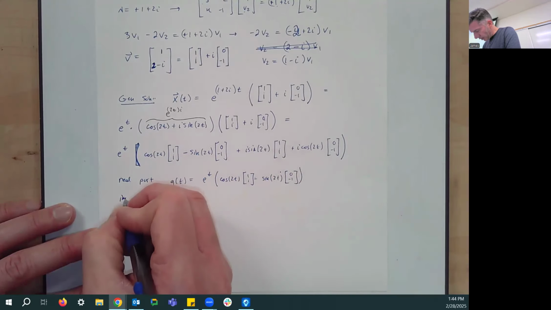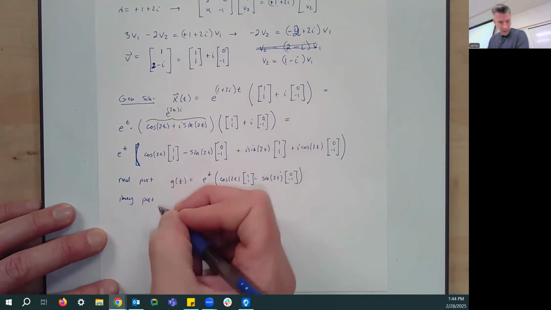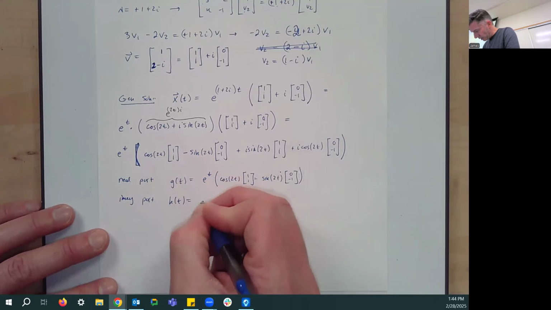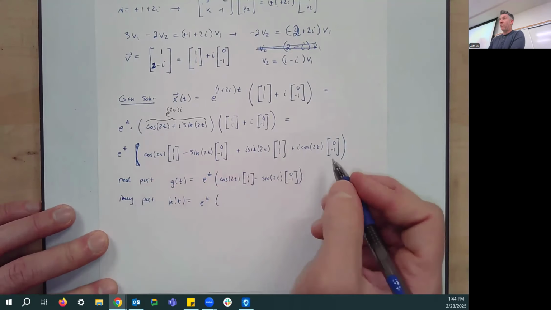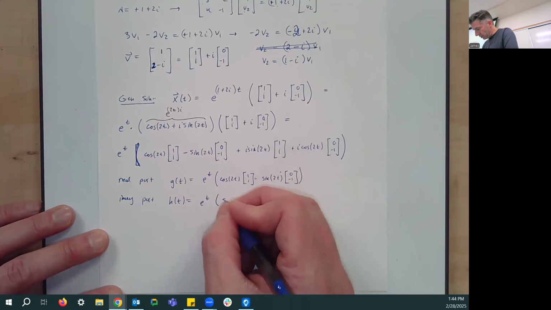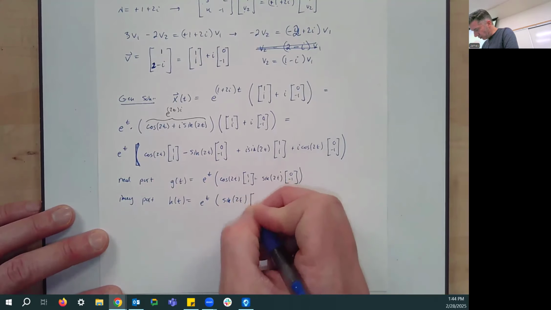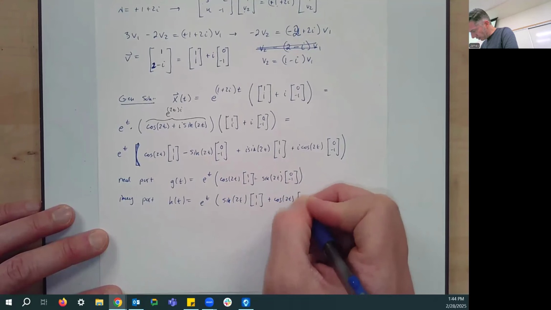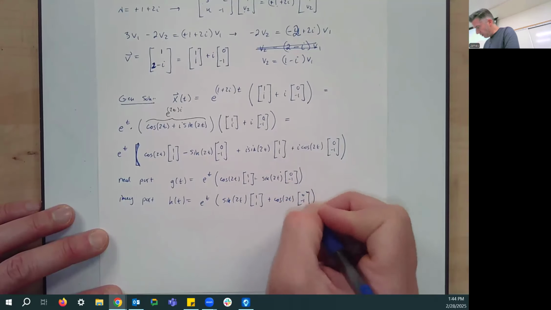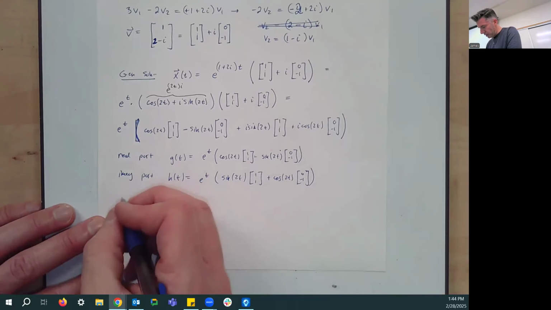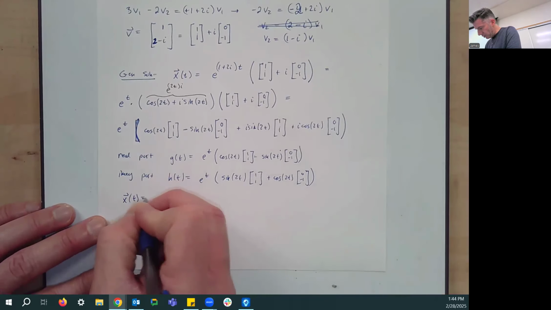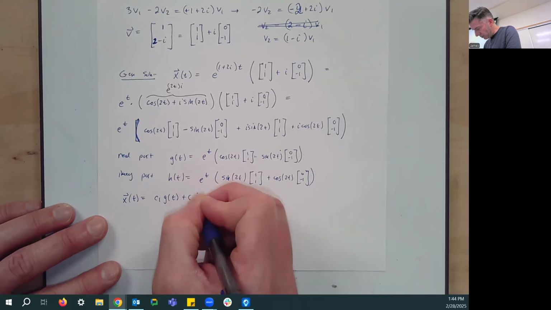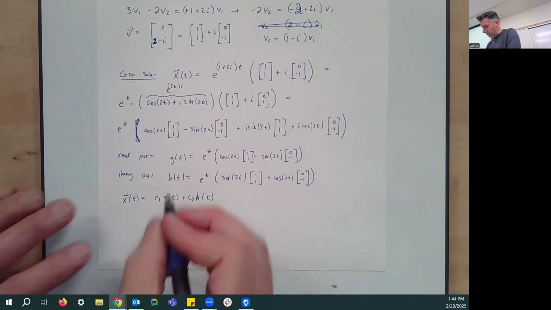And the imaginary part is h of t equal to e to the t times all the stuff here without the i, right? So it's sine of 2t times 1 plus cosine of 2t times 0 -1. And then our general solution is x of t equal to c1 g of t plus c2 h of t. And I guess those are vectors.